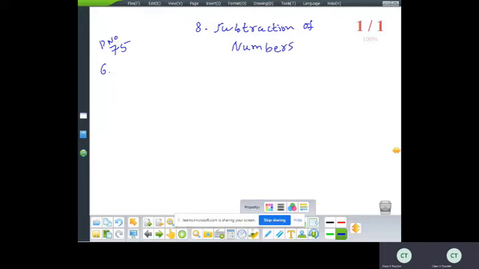First of all, we find the subtraction answer. The answer lies in between which two numbers, that is called range. We select the correct range and put the right symbol on the correct range.